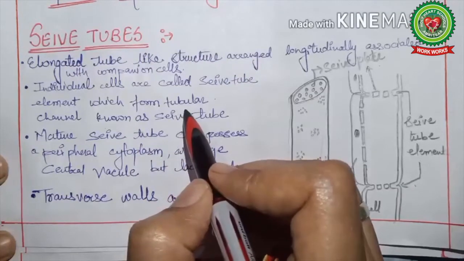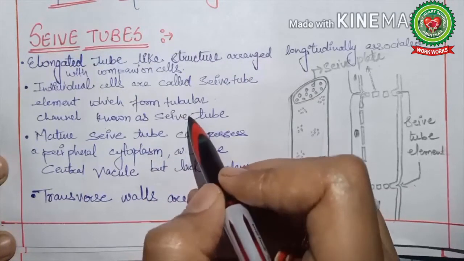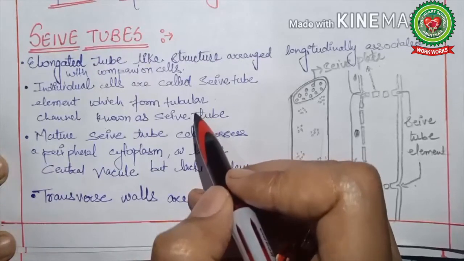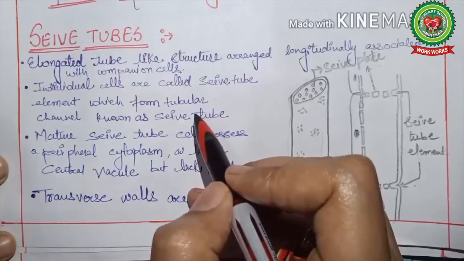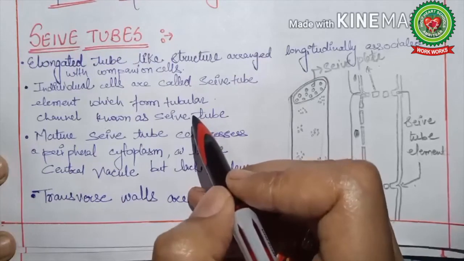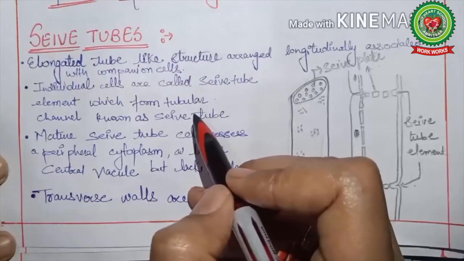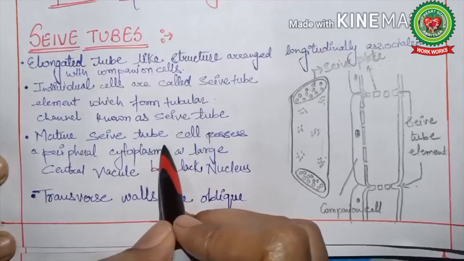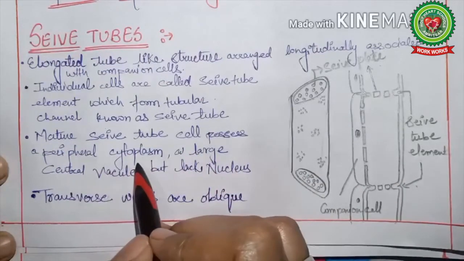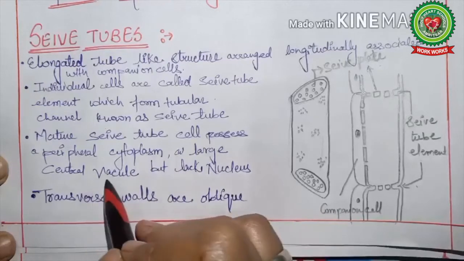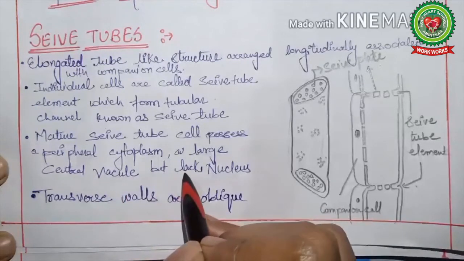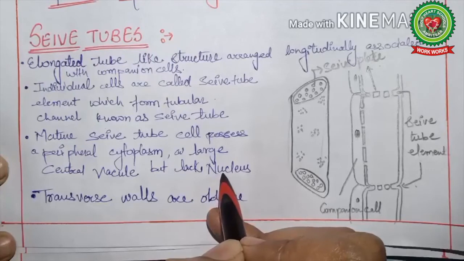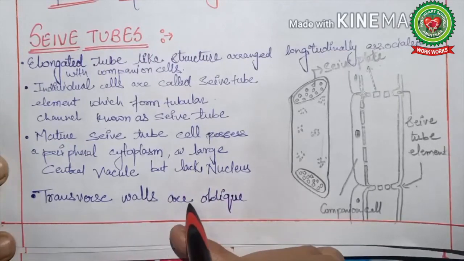Actually, sieve tube elements are long tube-like structures formed by rows of cells placed end to end and arranged longitudinally. A mature sieve tube cell possesses a peripheral cytoplasm, a large central vacuole, but it lacks a nucleus, and their transverse walls are oblique.